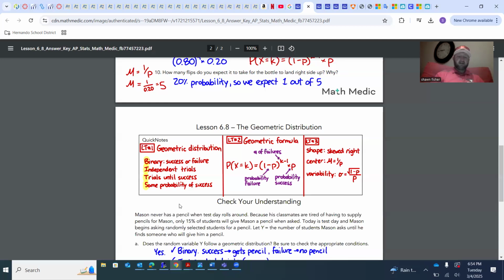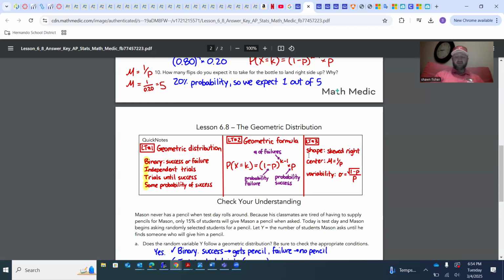What is geometric distribution? Well, it's the same thing as binomial. The only thing that's different is how many trials it takes to get a success. Binomial says, I got a set or fixed amount of trials. What's the probability of getting a certain number out of those fixed number of trials? The geometric formula is given to us here.